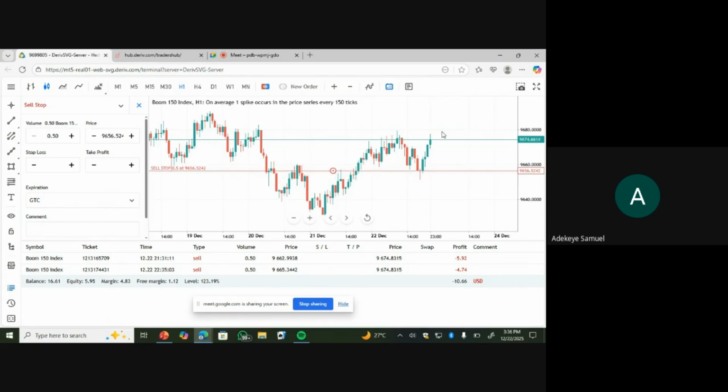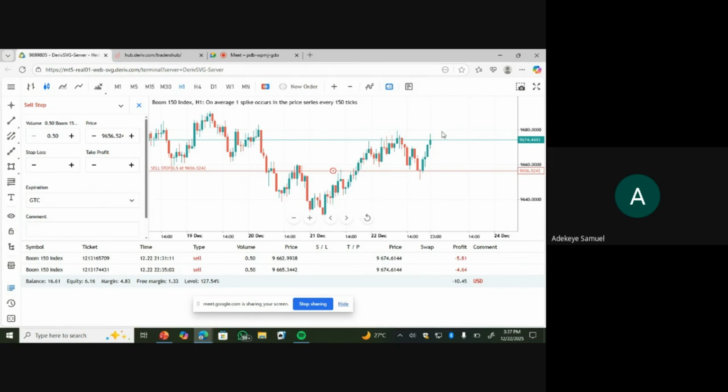So after you've done your analysis and you saw that okay, this market is going to sell more, but you don't want to sell at that particular current market price, and you don't want to miss this entry, the sell entry, set your what? Sell stop. So once this market gets to this particular level, where you set your sell stop, it will trigger and start selling for you.